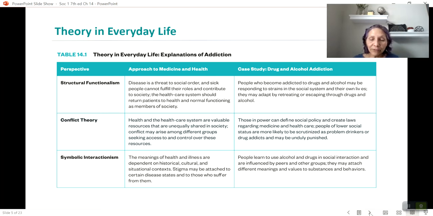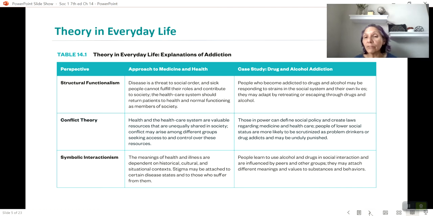Also, for conflict theorists, again, they focus on how we identify people who are worthy of our sympathy when they're sick. We tend to think of certain illnesses or diseases as people bringing these things on themselves because of their own actions, but other people we have a great deal of sympathy for.